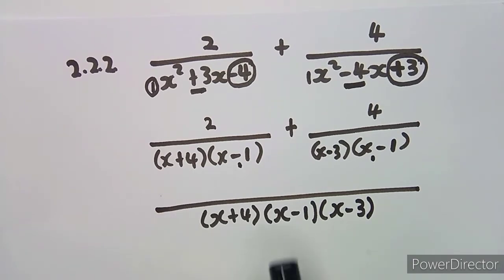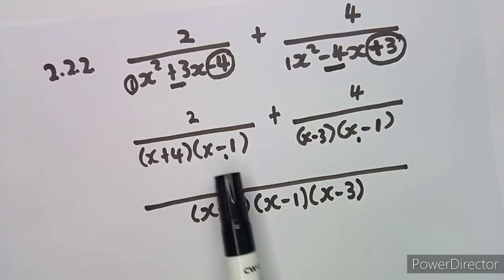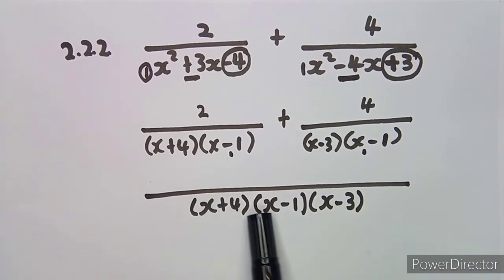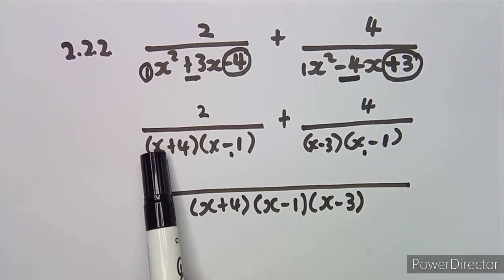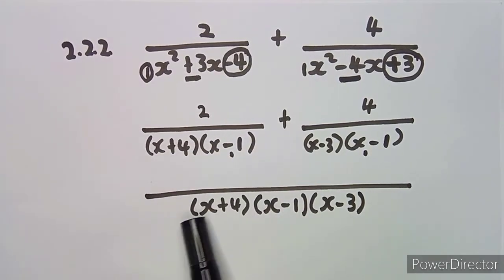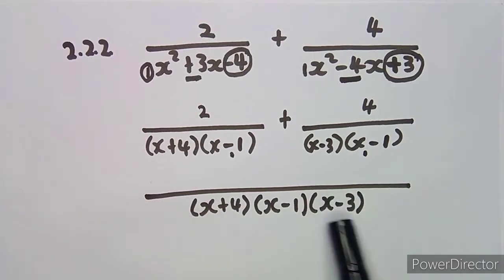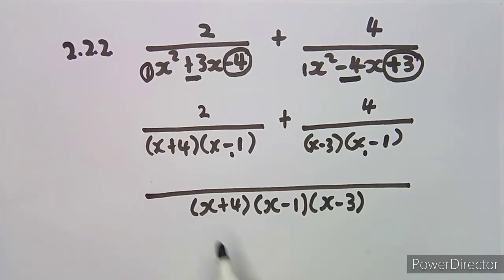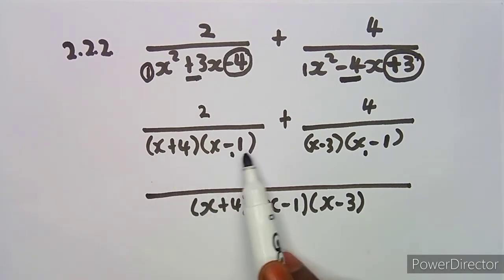Then you are going to divide the LCD by the denominator here. So you just assume dividing or cancelling. As you can see, this and this will cancel because these two are the same. So you're going to be left with x minus 3. So you assume cancelling, but you don't cancel.